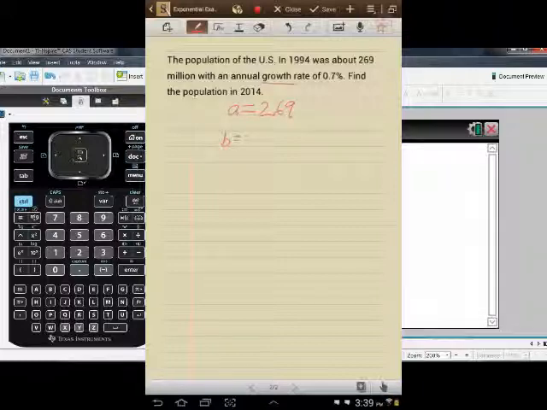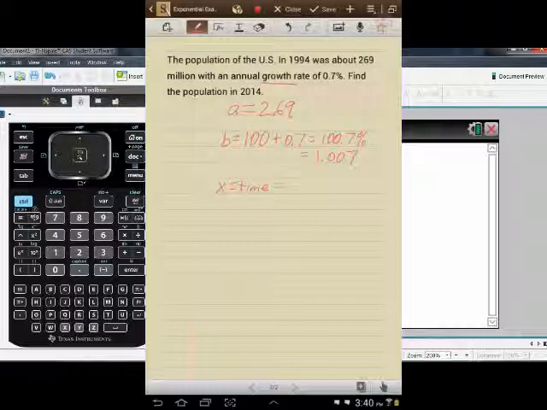All right, for the base, we are growing. So 100 plus 0.7 is 100.7%, which is the same as 1.007. That's changing every year. So the next thing we need to know is how much time has gone by.